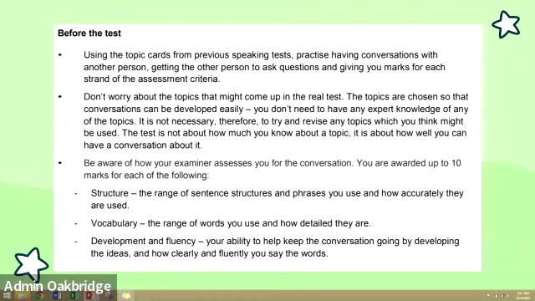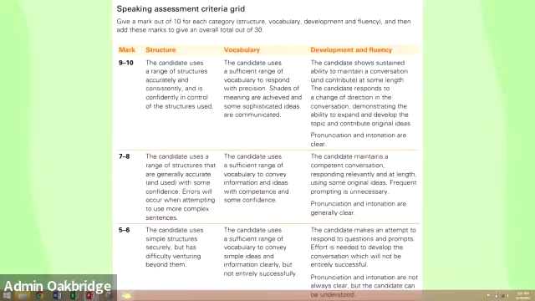So these 3 things are very, very important. Let me show you the rubric of the speaking assessment criteria grids. So 3 things are being assessed. First one is structure. Second one is vocabulary. Third one is development and fluency.